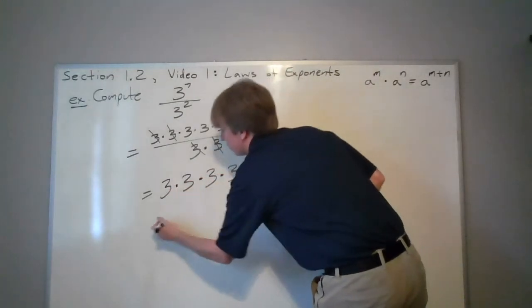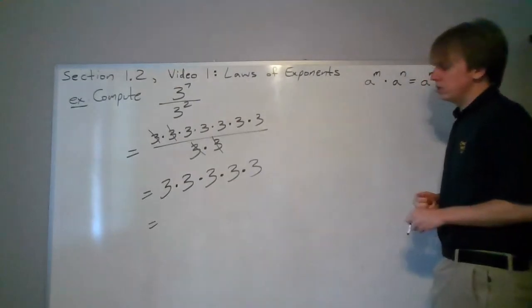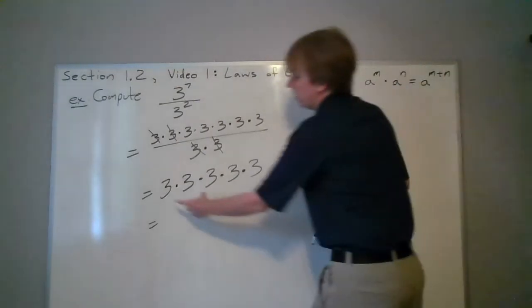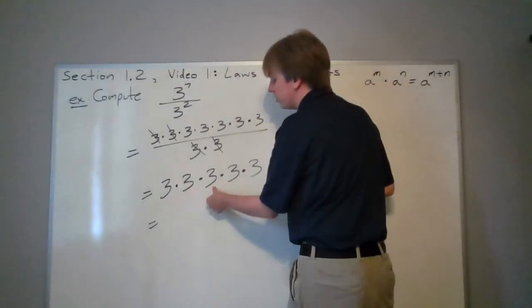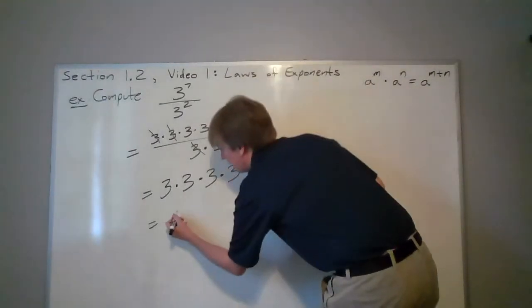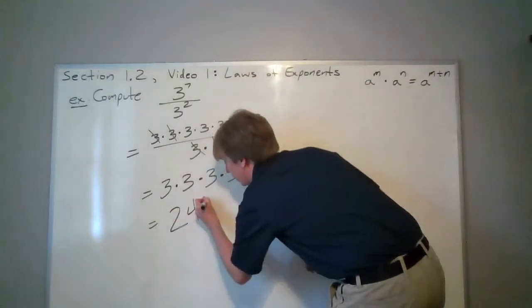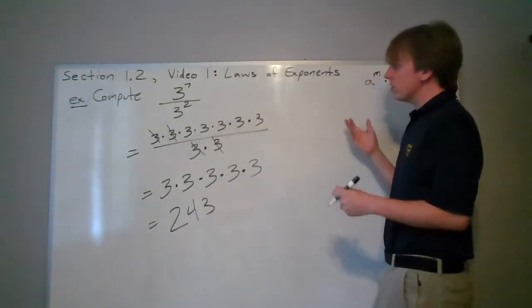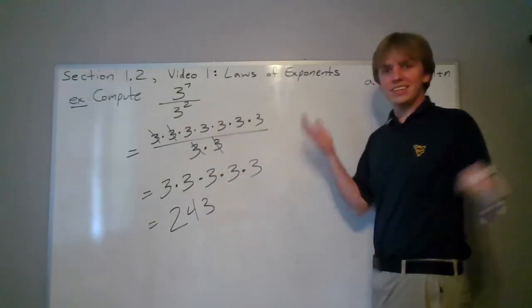Which is equal to, let's see, 9 times 3 would be 27, times 3 would be 81, times 3, I believe, is 243. That's irrelevant. Why did I even bother to write that down? That doesn't help us at all.